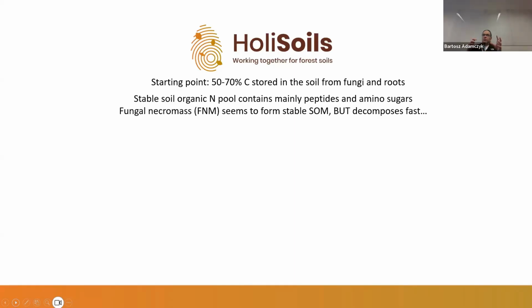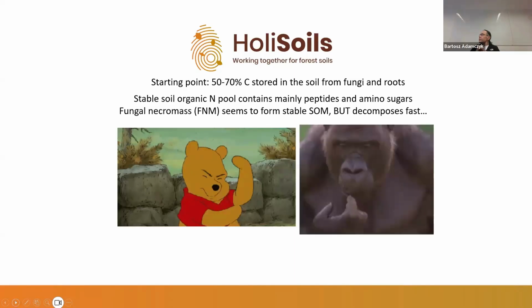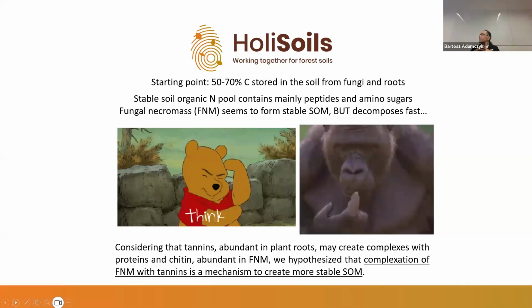So how is it possible that things which are separately decomposing relatively fast can form something more stable? So after a longer moment of thinking, we figured out that maybe they are simply interacting with each other and making complexes, which are creating more stable organic carbon.